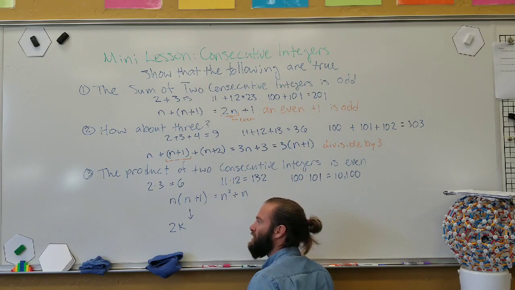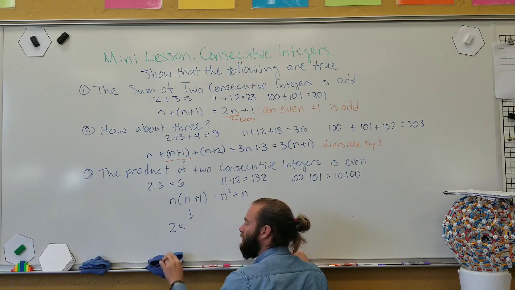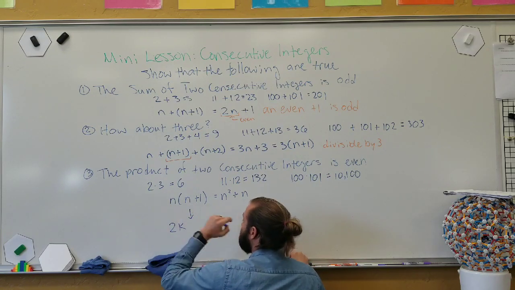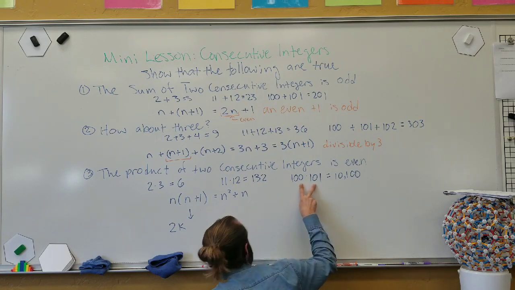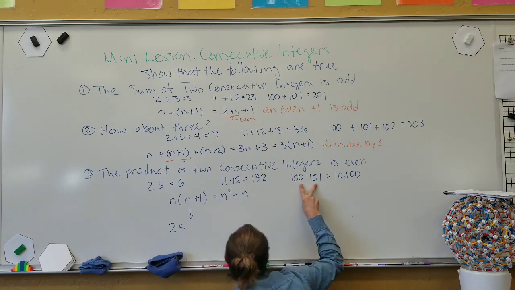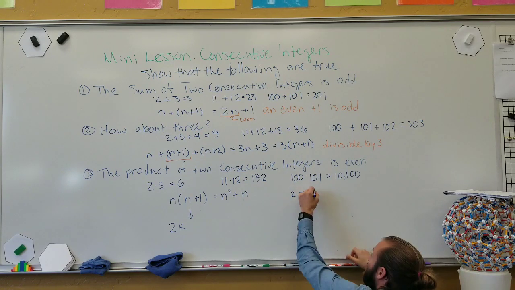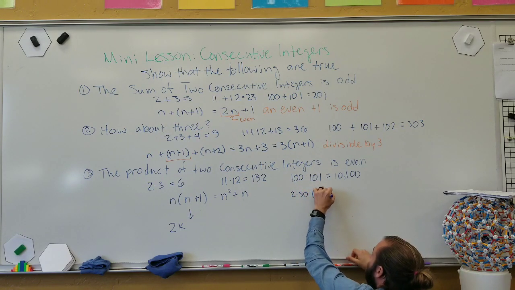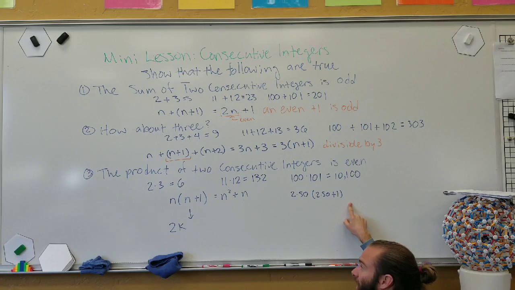And we're going to use k to represent like some other number. So for example, if the two integers were 100 times 101, we can think of 100 as 2 times 50, that's why it's even. But then 101 is 2 times 50 plus 1, because it's just the previous one plus 1. So the breakdown of this looks like that.